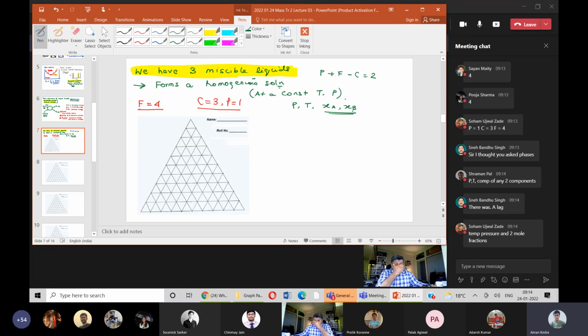So if we are drawing now a graph with constant P and constant T, then we need to define two compositions and somehow come up with a formalism that allows us to simultaneously plot a point that identifies the composition of three components, right? That is the problem.